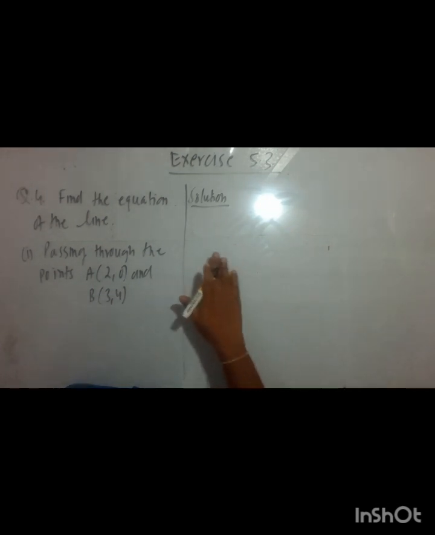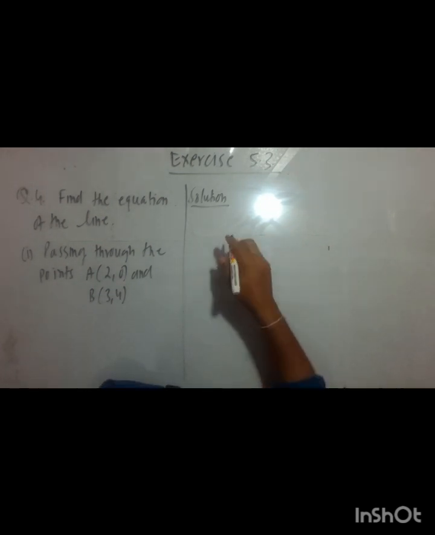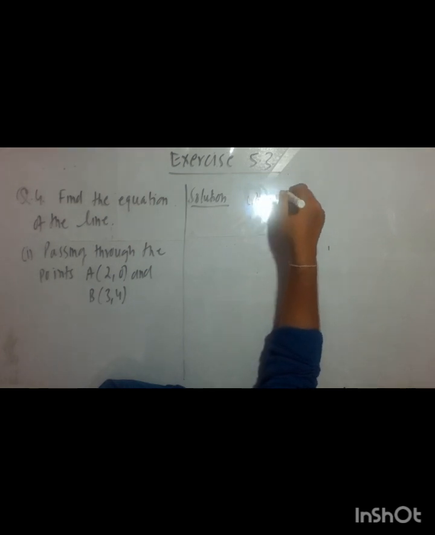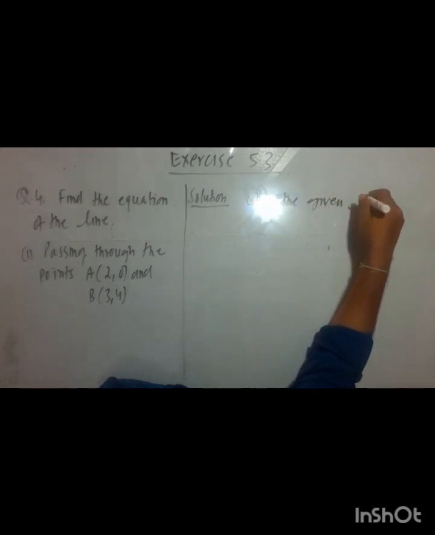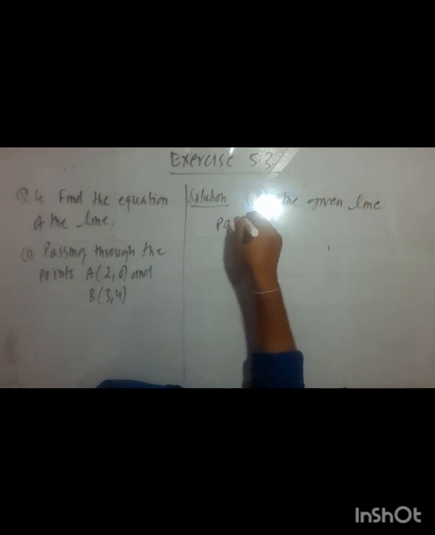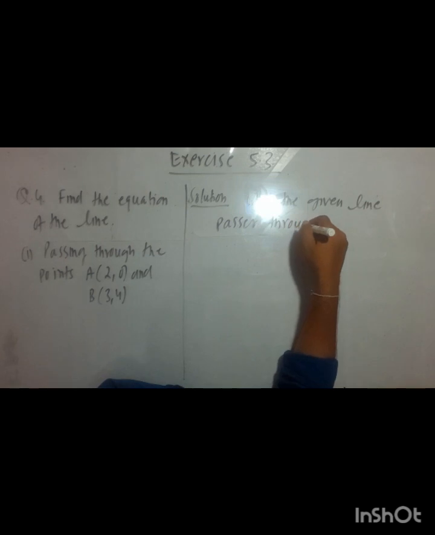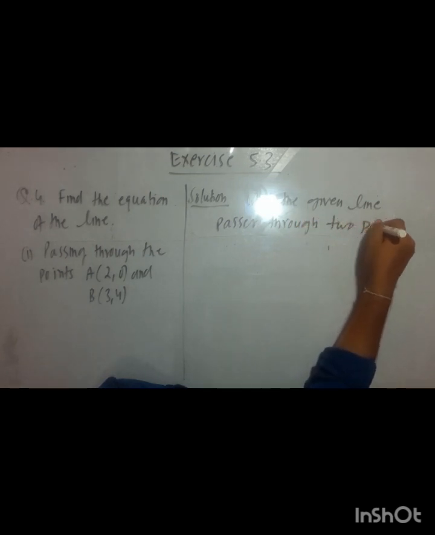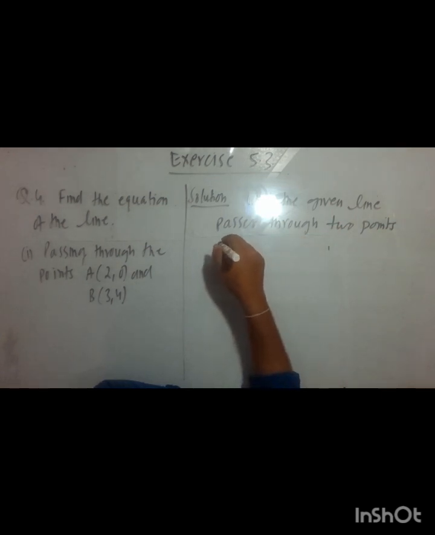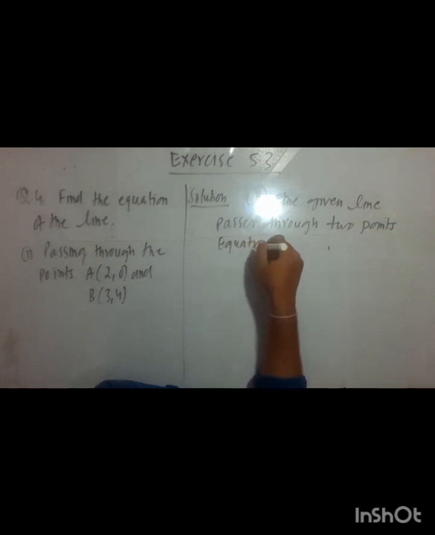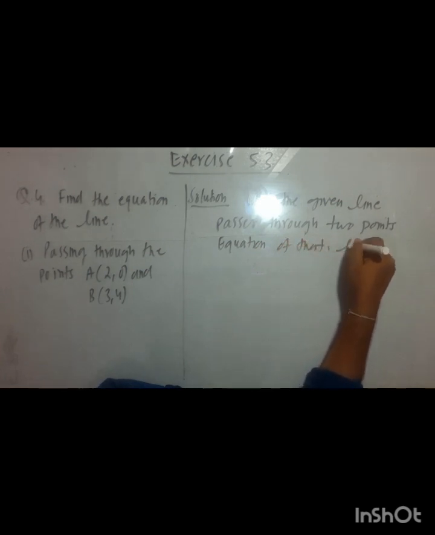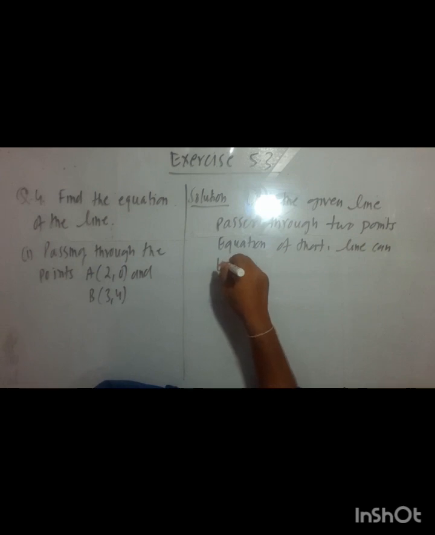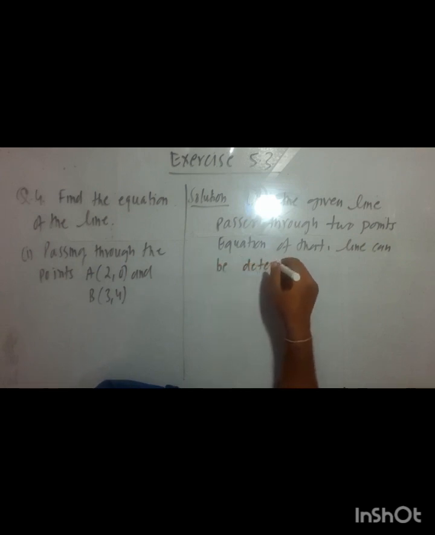if there are 2 given points, what is the formula to find the equation of the line. When the given line passes through 2 points, the equation of that line can be found by a formula.